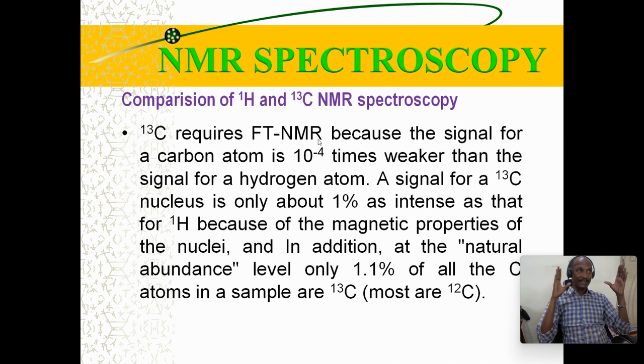The chemical shift values are also different in proton NMR and C13 NMR. While observing the spectrum itself, we can differentiate whether the spectrum is of proton NMR or of C13 NMR. We can differentiate that by using this spectroscopy.